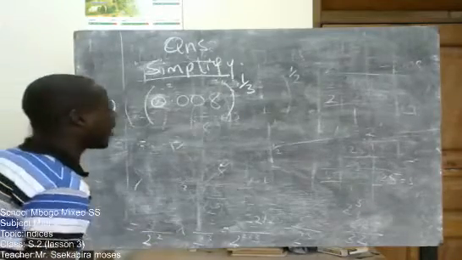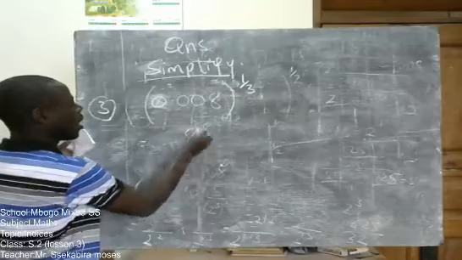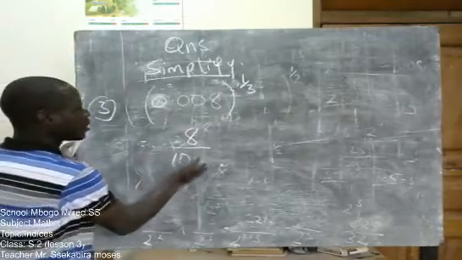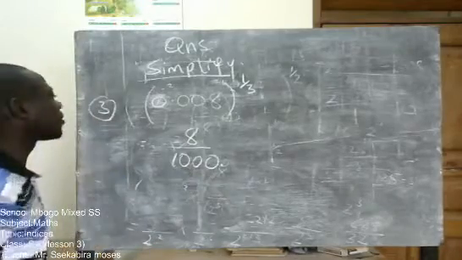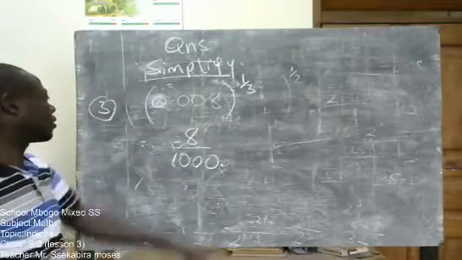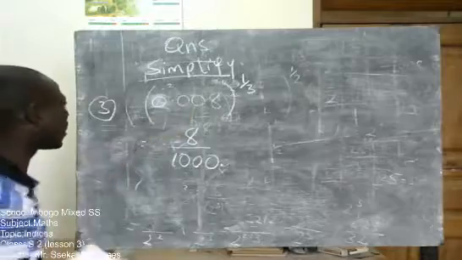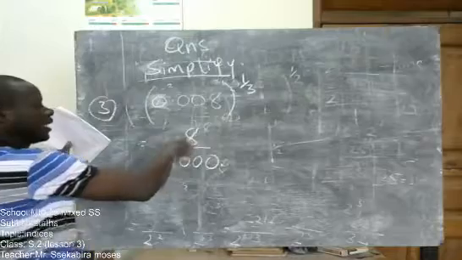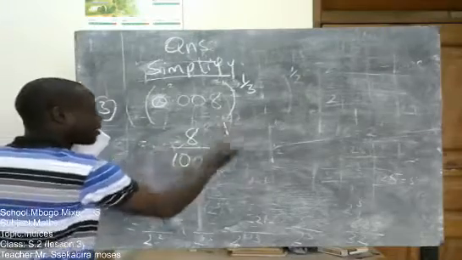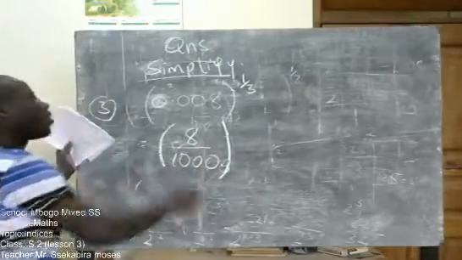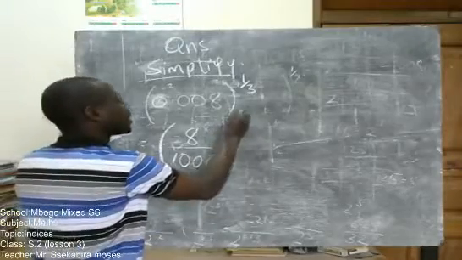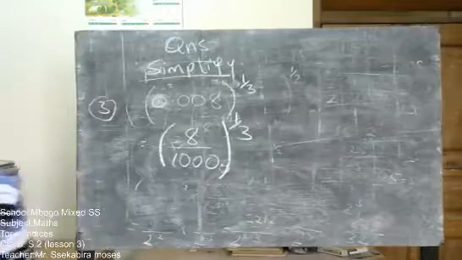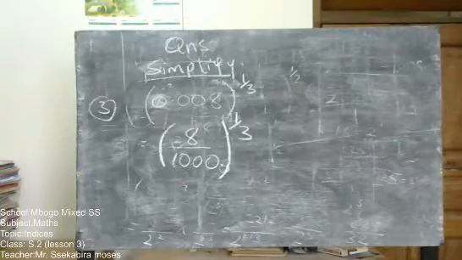What do we divide by? We just get 8 divided by, which value are we dividing by? It is 1,000. Therefore, 0.008 is the same as 8 out of 1000. But remember, the power is 1 out of what? 1 out of 3.